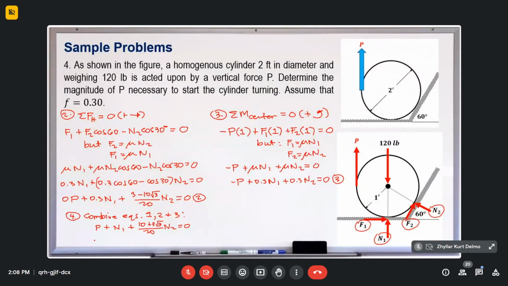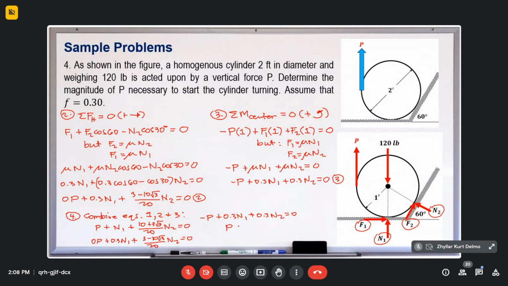The second equation, 0P plus 0.3 N1 plus (3 minus 10 square root of 3)/20 N2 is equal to 0. Then the third equation, negative P plus 0.3 N1 plus 0.3 N2 is equal to 0.